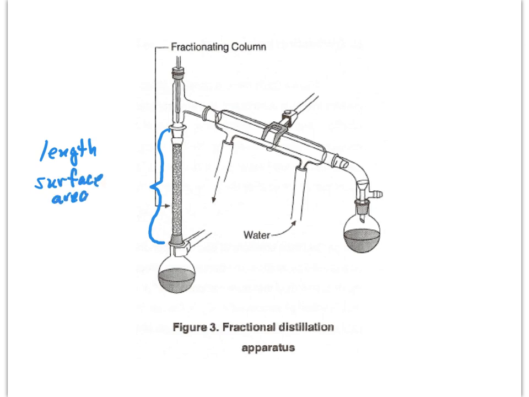This is showing a packed column. So you can pack it with things like glass beads or glass wool. We're going to do something different, and I'll show you that later.